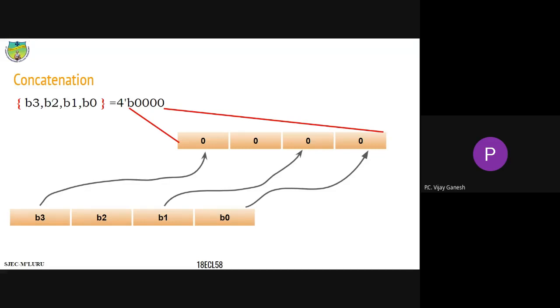Have you understood this concept? I repeat again, this is a concatenation technique. To do the concatenation, we have to use curly braces, and within the curly braces we should make sure how many bits we are going to have. It joins everything together. If I join B3, B2, B1, B0, that means 4-bit values are there. So those 4 bits I can now map with the 4'b value. That satisfies us. Once it is assigned, I can separate it back and individually access B0, B1, B2, B3.